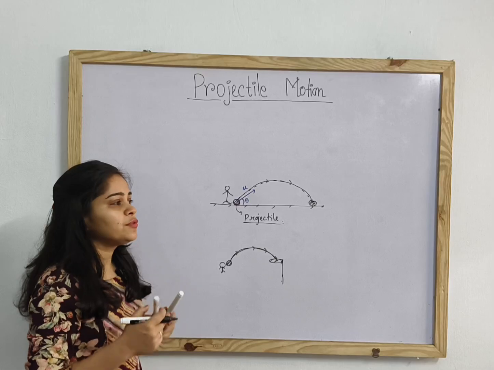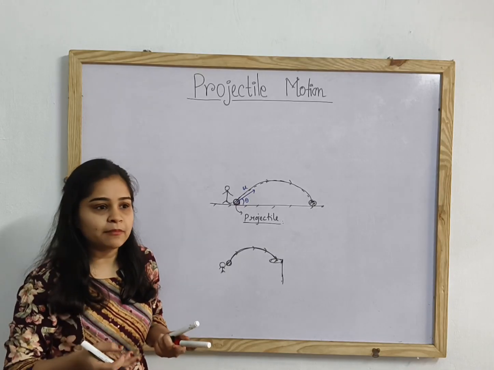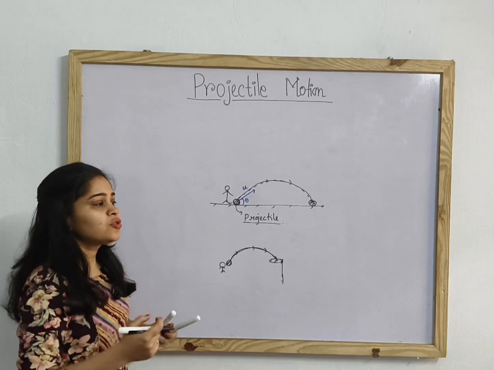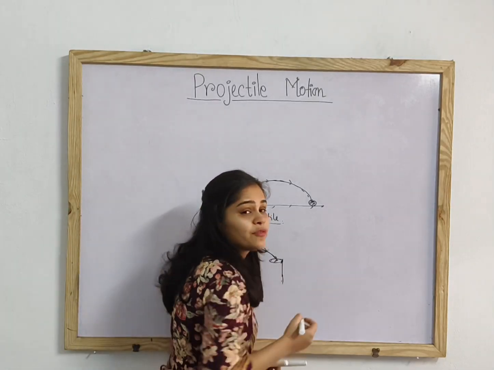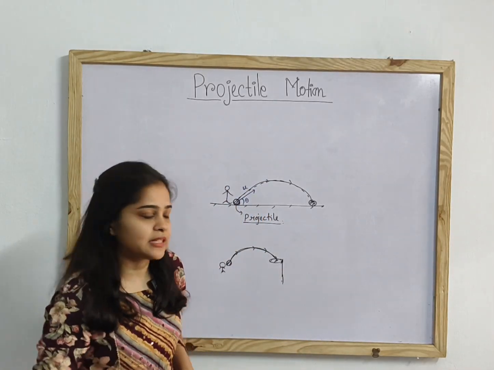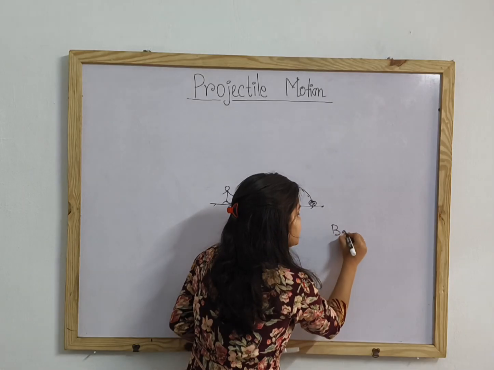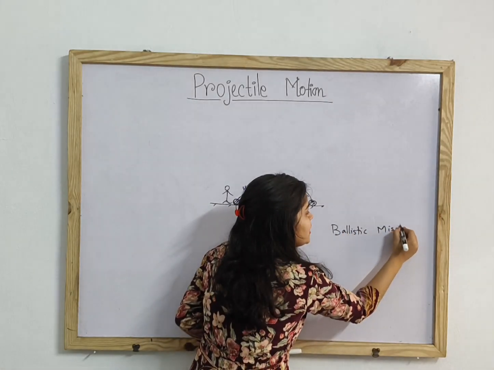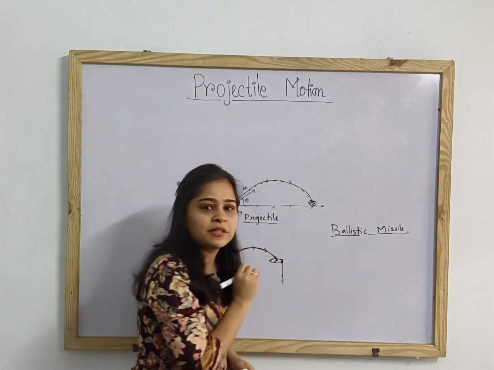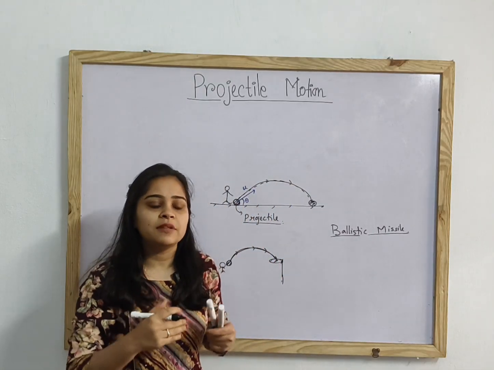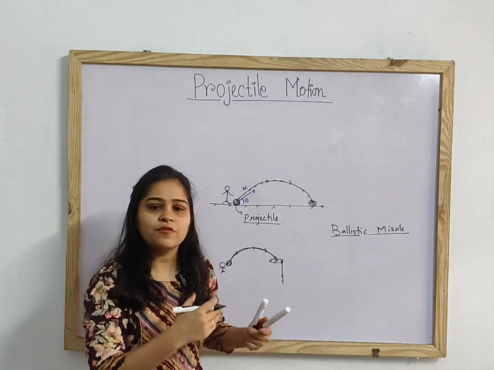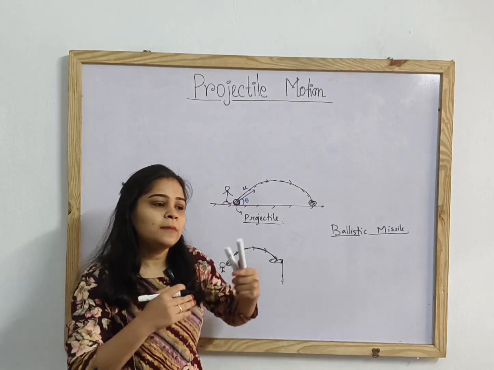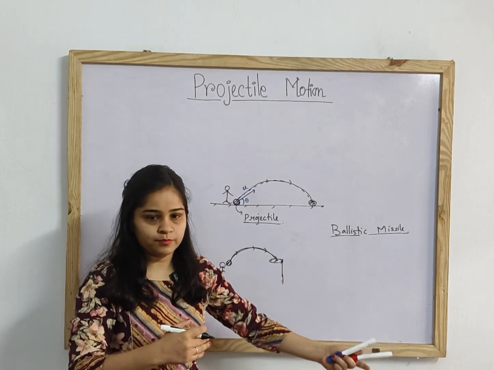If you want any other example, in which case are we discussing projectile motion? In the case of an intercontinental ballistic missile, you know what a ballistic missile is? Suppose a war is going on, and one country wants to throw a missile at another country.